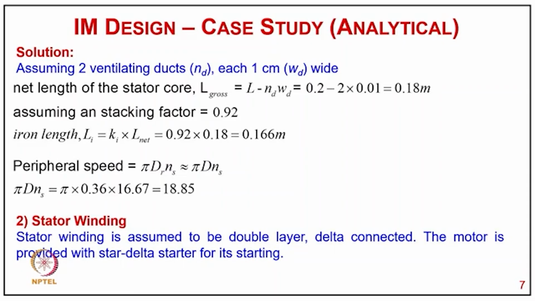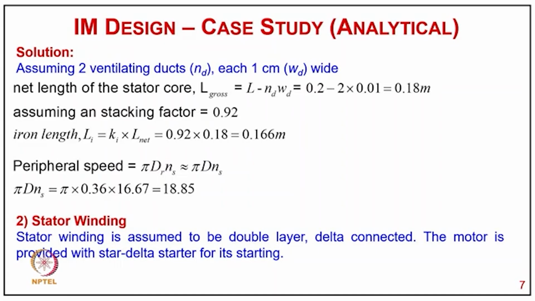Now coming to the peripheral speed, this is also one of the important parameters, pi Dr ns, corresponding to the rotation of the rotor. Since the air gap is very small, we consider the rotor diameter very close to the air gap diameter, so it is pi D into ns, and substituting the values, it comes to 18.85.